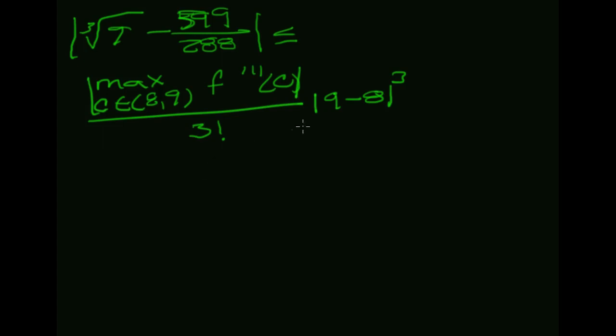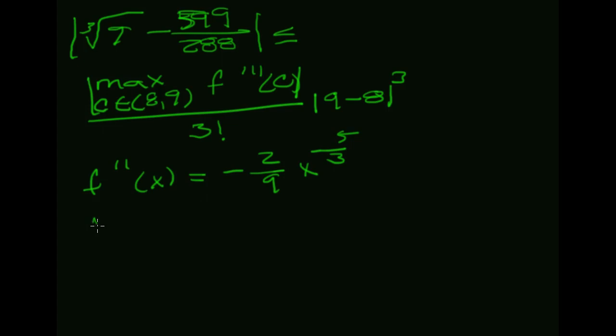But if you do some examination here, you can figure out what the third derivative is. We had that the second derivative at x was negative 2/9 times x to the negative 5/3.